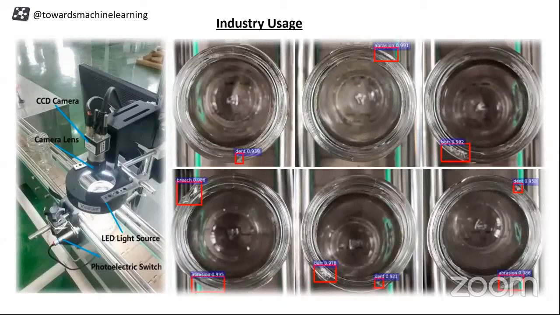This kind of thing is very useful in industry. If a defective product goes to the customer's side when they buy it, the company doesn't want to defame themselves, right? They want to remove this product from their assembly line as soon as possible. So this can be automated using detection techniques as well.